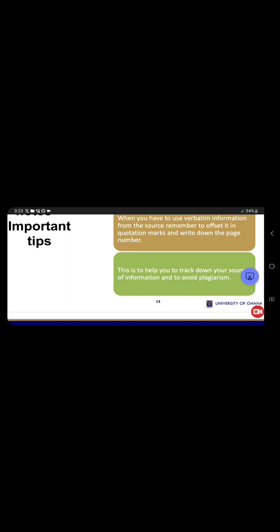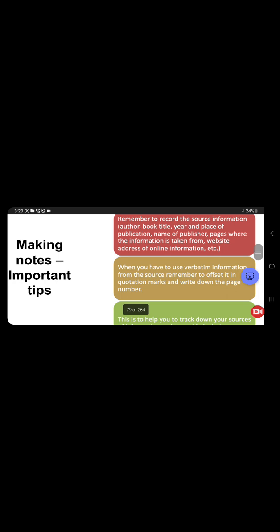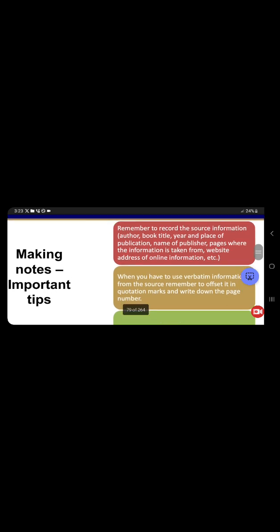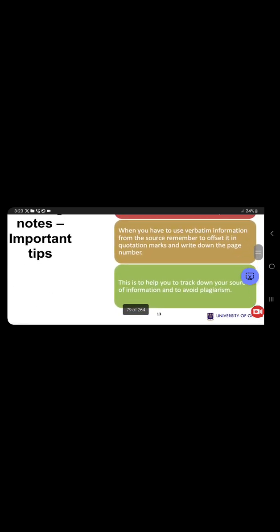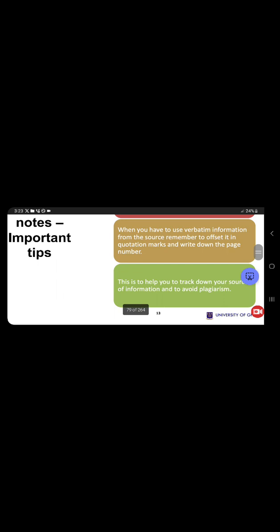Then you can give the page number, the name of the publisher, the pages where it can be found, and all those things. So if I want to find out, I can go and search for that information. That is one of the characteristics of good academic writing.